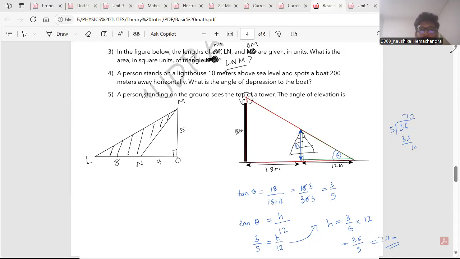You get a good number. They're asking the area of the LNM triangle. This is like a grade 8 question. You don't need trigonometry here. What is the equation for the area of a triangle?